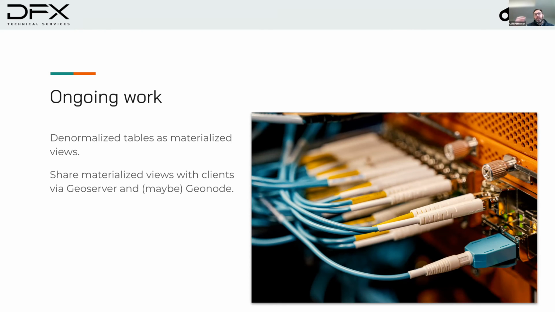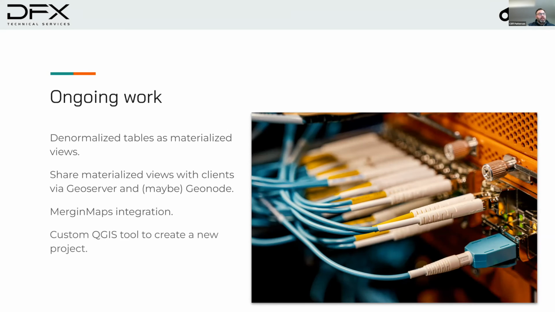And then even within the QGIS environment, you can create a little tool that just refreshes all of your materialized views. So that's sort of on the go and something that we've been thinking through. The other thing we're working with is the guys over at Lutra Consulting. We're working on integrating Mergin Maps into this system where we can have field data collection streamed directly into our PostGIS database.